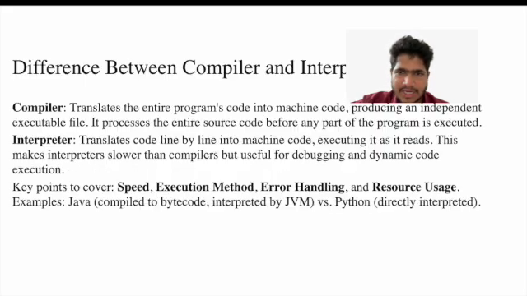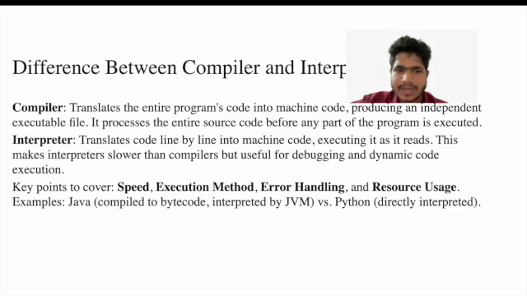Difference between compiler and interpreter. A compiler translates the entire program code into machine code, producing an independent executable file. It processes the entire source code before any part of the program is executed. An interpreter translates code line by line into machine code, executing it as it reads.